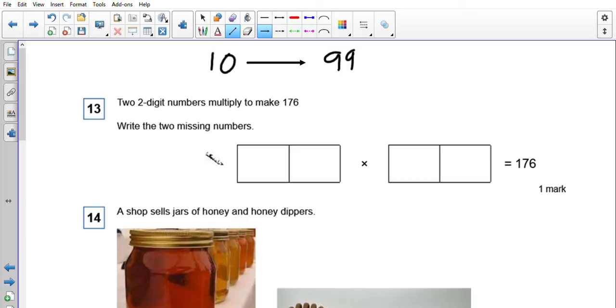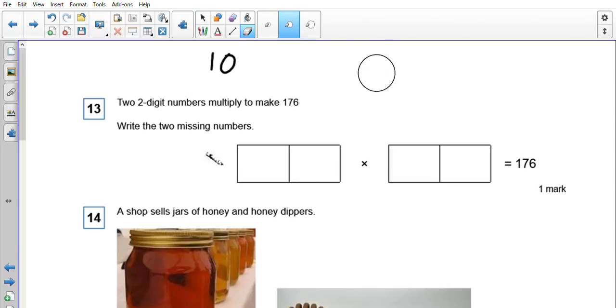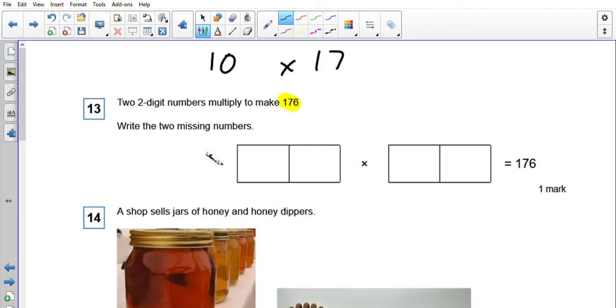I don't like the prospect of that, and that seems like an awful waste of time. So let's think about this in a more logical way. If I start with 10, 10 is a nice easy number to multiply by. What's 10 times 17? 10 times 17 is going to get me to 170.